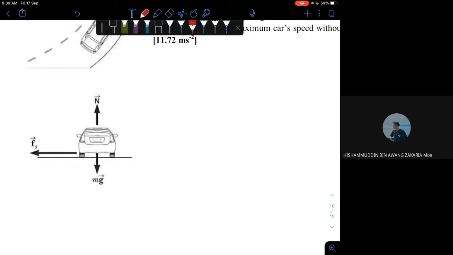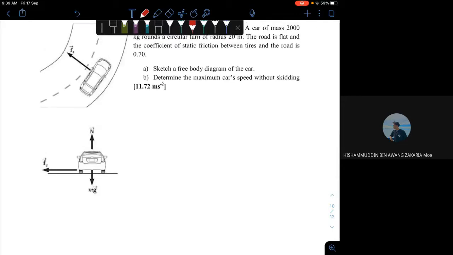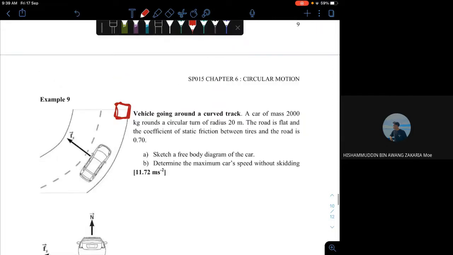Okay, and then this is something that Miss nak bagi tahu kamu. Kalau kereta tu berpusing dekat jalan yang curve macam ni, instead of dia pergi terus macam tu, dia ada force yang tarik dia ke tengah. Okay, so force yang tarik dia ke tengah ni adalah kita panggil dia sebagai frictional force lah. Ini memang wujud secara semula jadinya. So kita cakap dalam kes ni centripetal force dia adalah ke tengah.